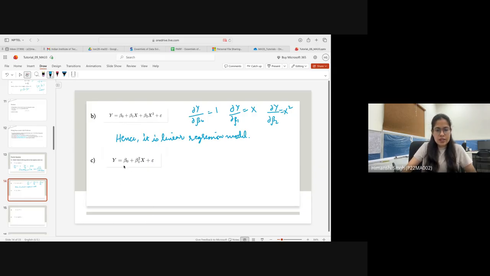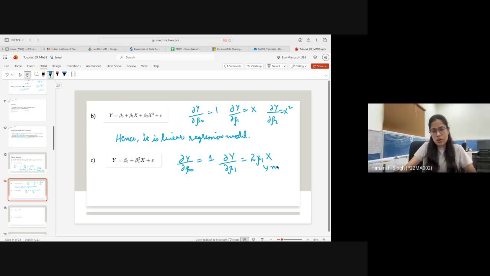Again, if we consider this y, then del y over del beta naught is 1, because it is 1 for this, 0 for this and 0 for this. Again del y over del beta 1. If I differentiate with respect to beta 1, this is 0, and the other is 2 beta 1 x.